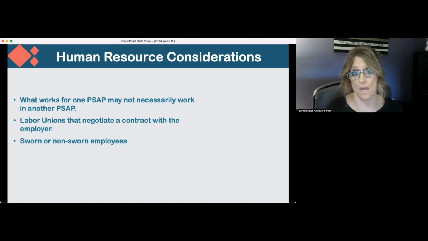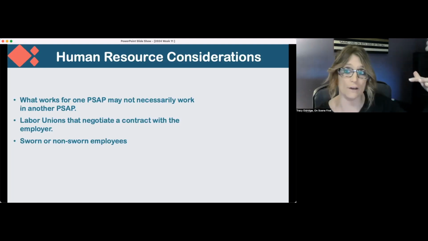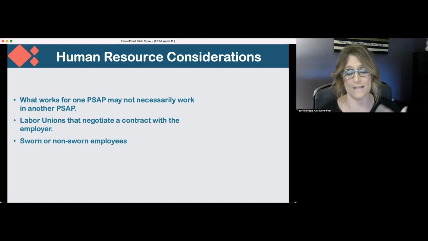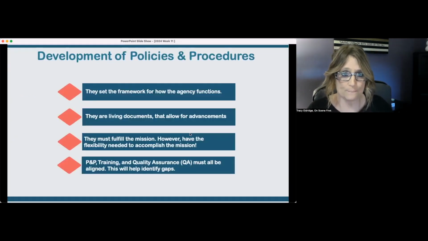And that can pose a challenge as well, because if I'm on the law enforcement side and my pay scale is much higher, and I work in the communication center as overtime, there might be a blended overtime rate scenario that has to take place, which again leads to folks being unhappy and disgruntled. So lots of considerations there.